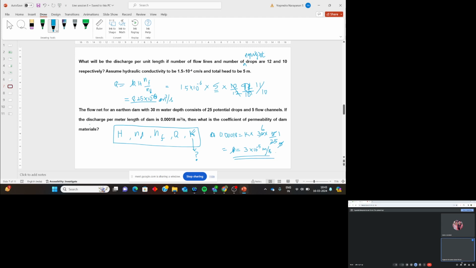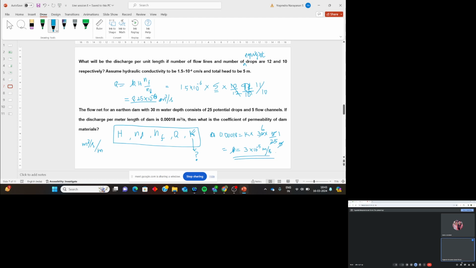Now see, here the discharge unit is meter cube per second, per meter length. So it will be meter cube per second per meter.